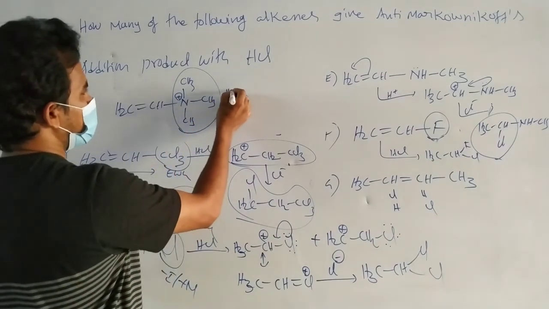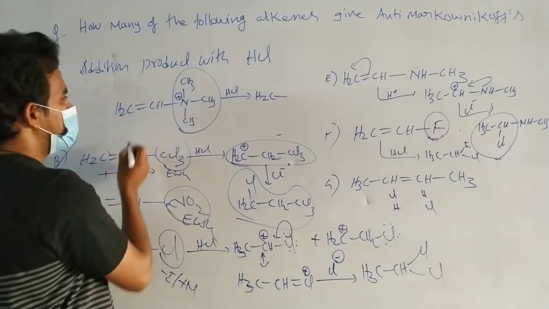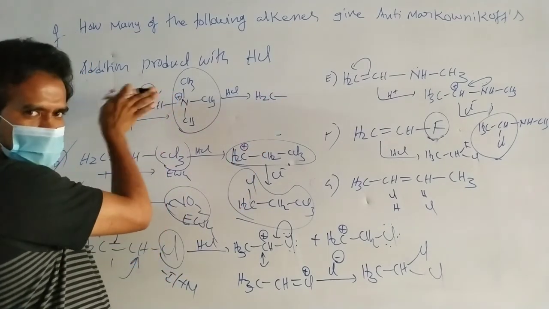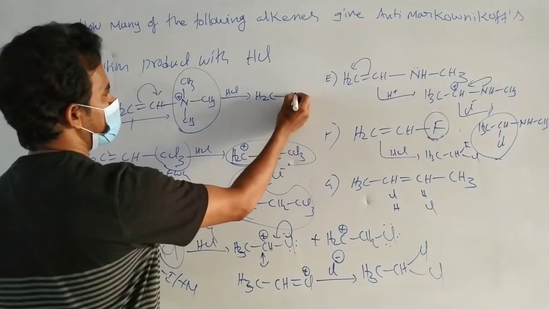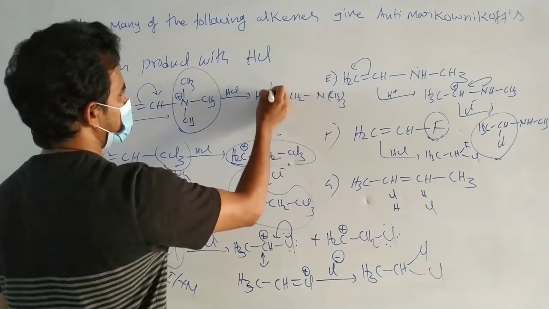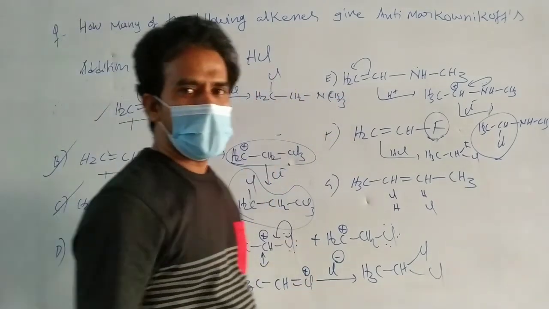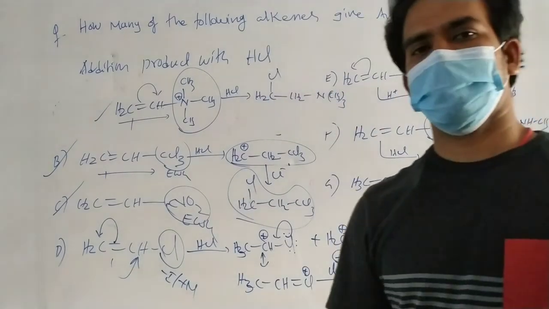By the reaction with HCl, it follows an anti-Markovnikov addition, because the flow of electrons is towards the electron withdrawing group. Protonation takes place on this carbon, giving CH3CH2N(CH3)3, then Cl attacks. This will also give the anti-Markovnikov addition product with HCl.